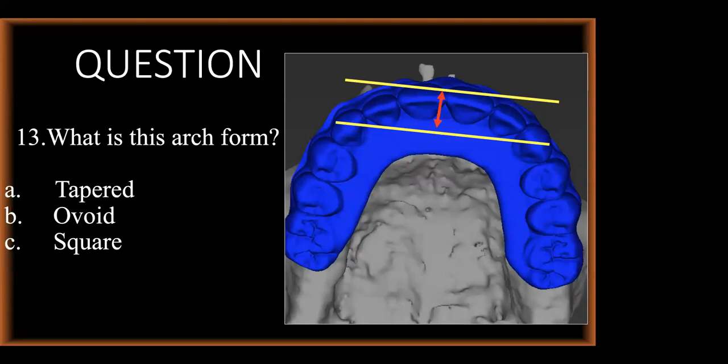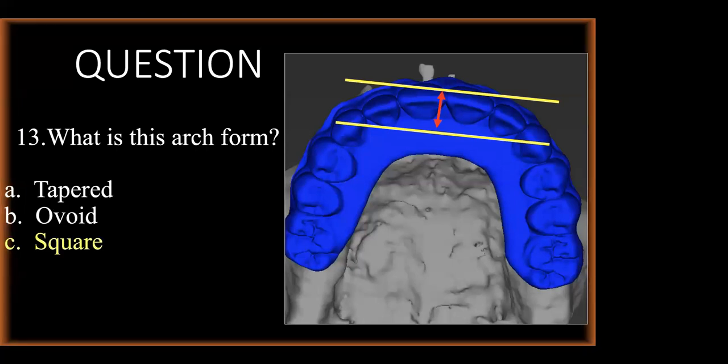So is it either tapered, is it ovoid, or is it square? So Robert, let's put that question up. So is it A, B, or C? And the answer is square. Very good.